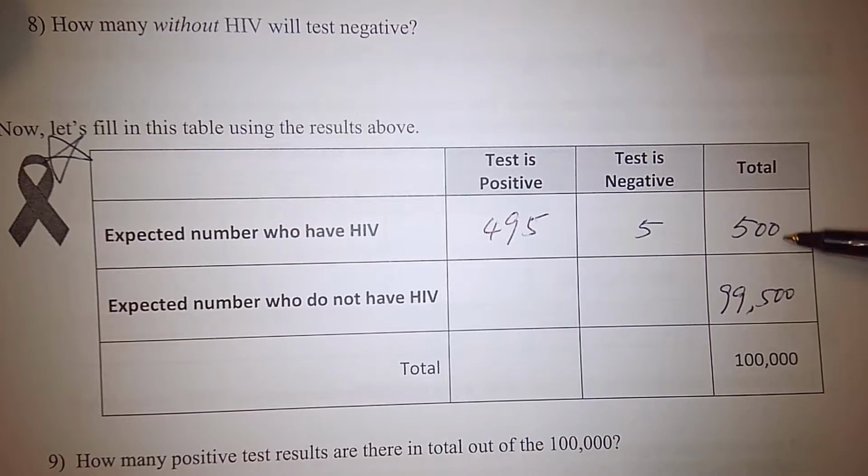And you see, the sum of 500 and 99,500 indeed gives us 100,000.